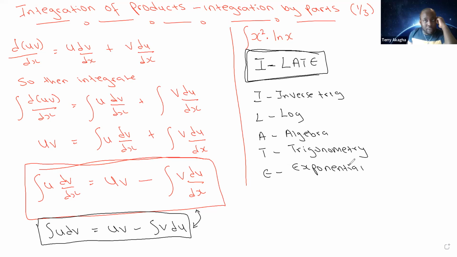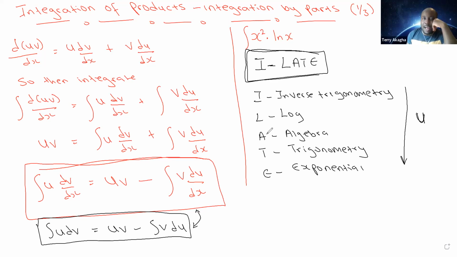So now this is the ranking, okay? Inverse trigonometry, and when I say trig, I mean trigonometry. It's the ranking of importance on which becomes the U. So if you have an inverse trig and a log in a question, the inverse trig is going to be the U, then the log is going to be the dv.